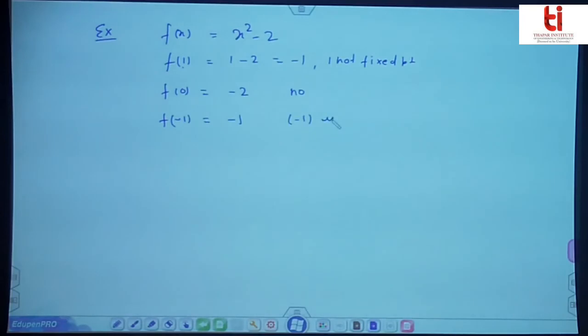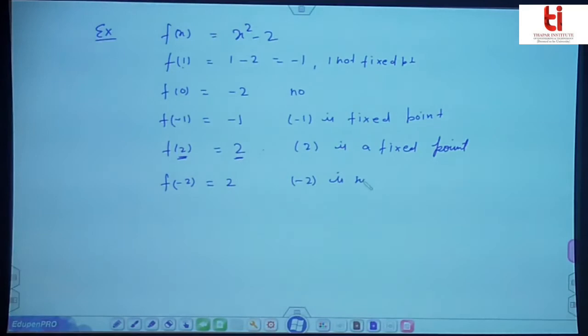Minus 1 is a fixed point. F of 2 equals 2. F of minus 2 equals 2. Here also these are the same, so 2 is a fixed point. Minus 2, no. So here minus 1 and 2 are the fixed points of the function f(x).